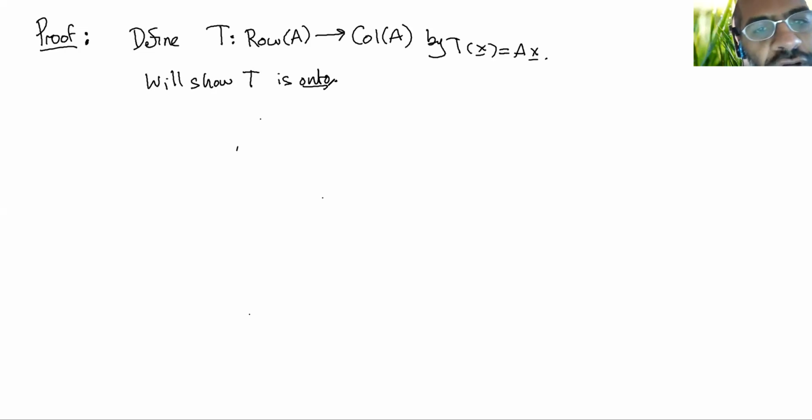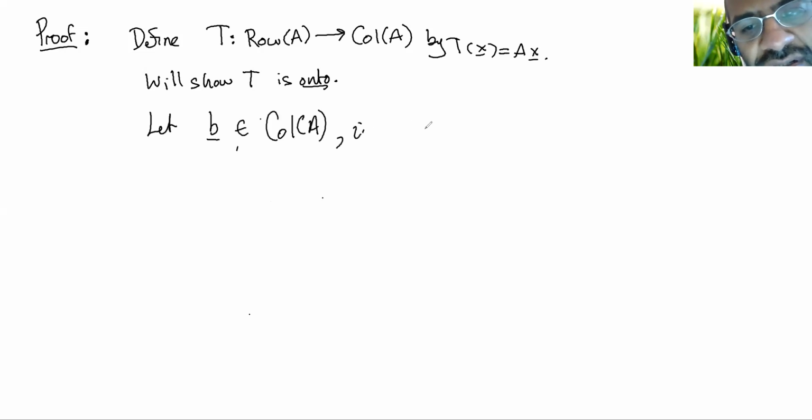So what does it mean to show it's onto? Well, I need to show that every vector in the column space comes from some vector in the row space, right? So let B be any vector in the column space of A. And that just means B equals Ax for some x.